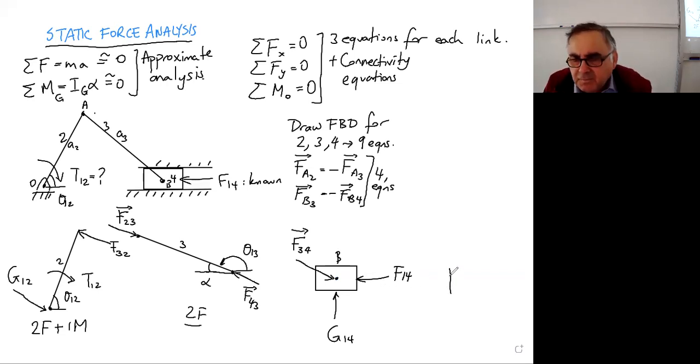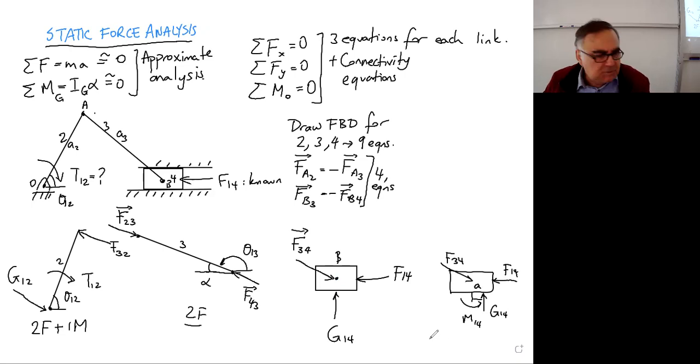Or you can have the following. If you assume G14 acts somewhere else, now this distance we would call it A, in which case we would say that M14 is equal to A times G14.